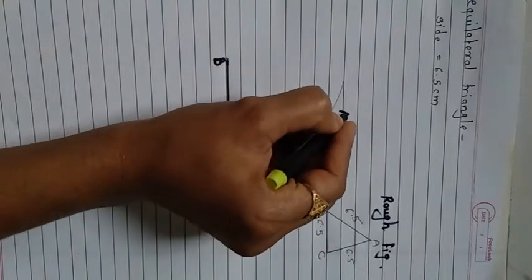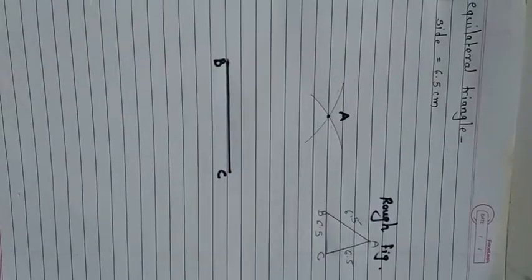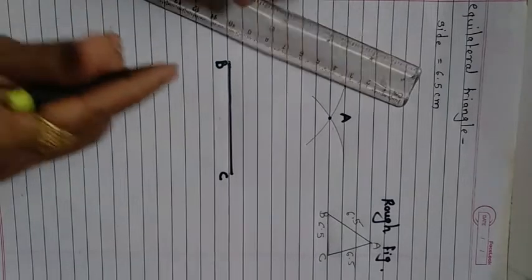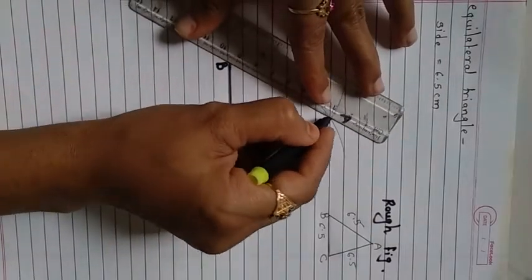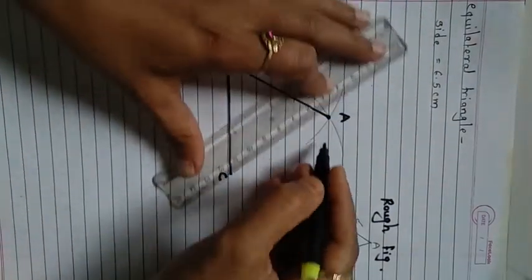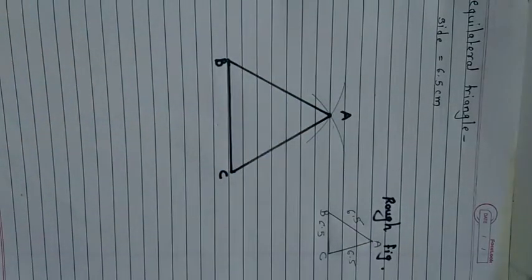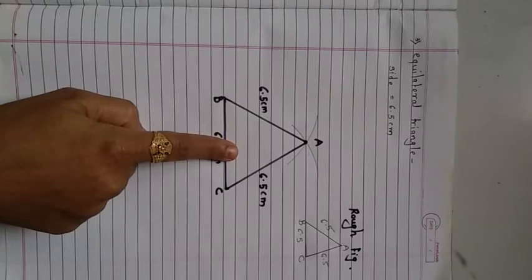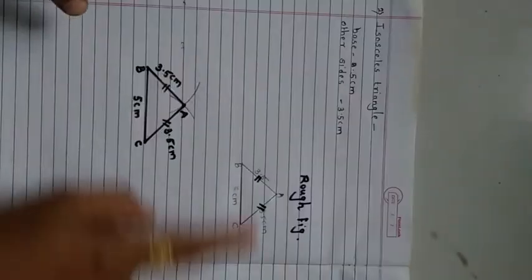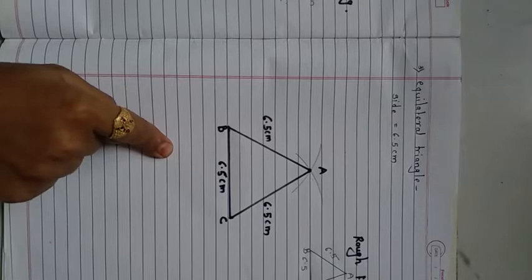Name it A. And then you can join using the ruler, A to B and A to C. Understood how to draw an equilateral triangle? Before, I explained how to draw an isosceles triangle and now an equilateral triangle.